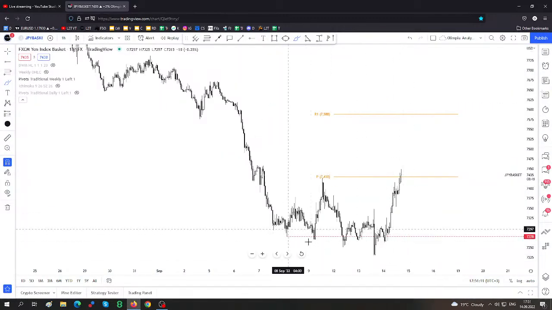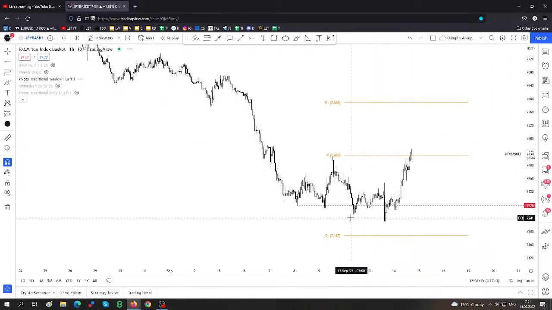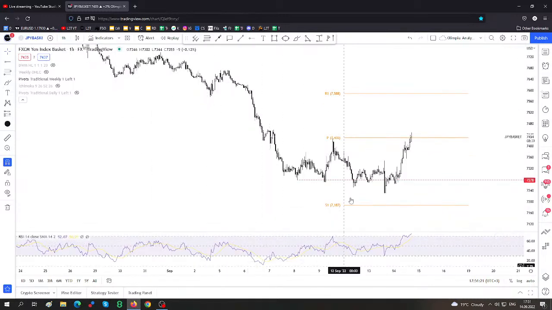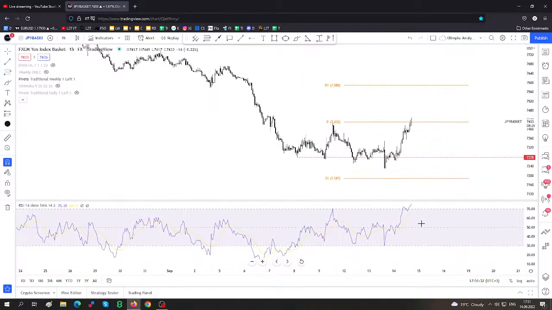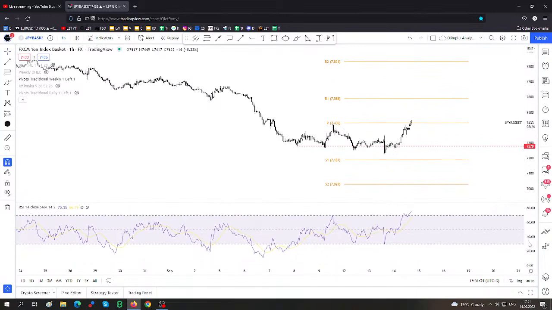So here, new lower lows, but let's use an indicator, relative strength index, for example. Please take a look here. A bullish divergence.